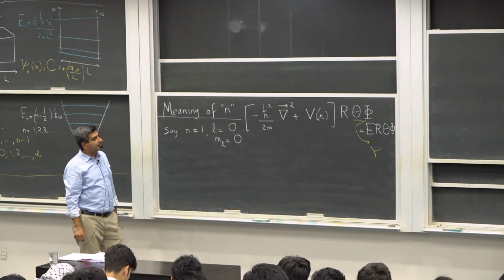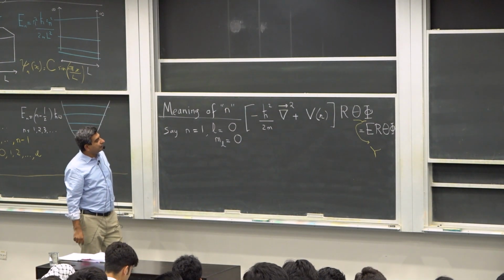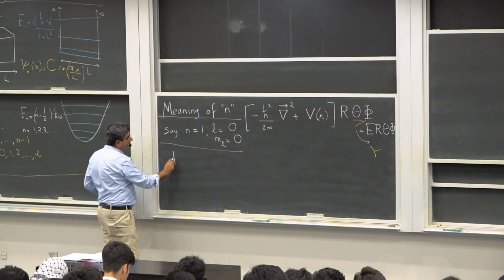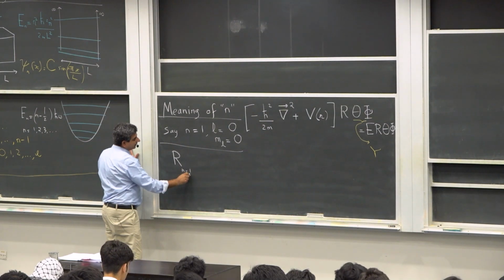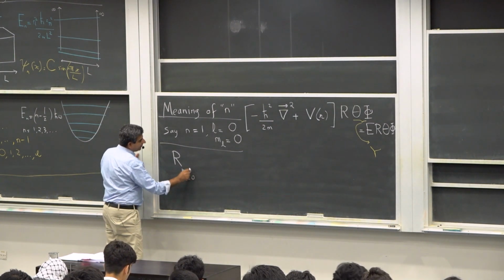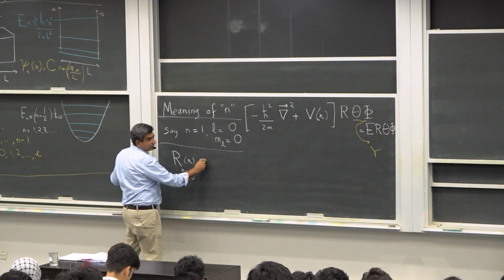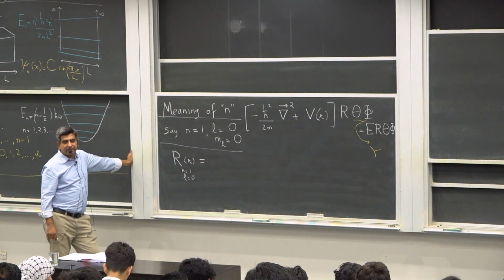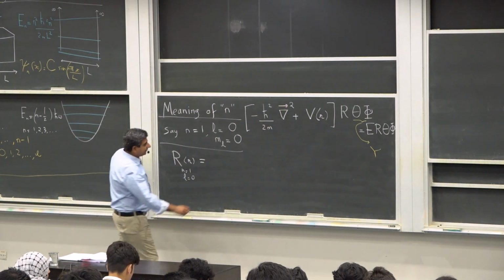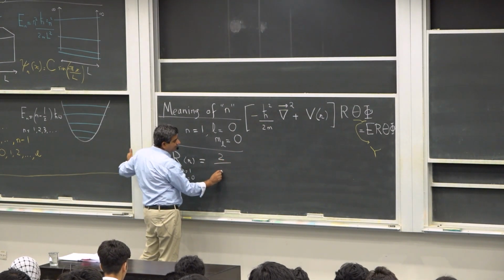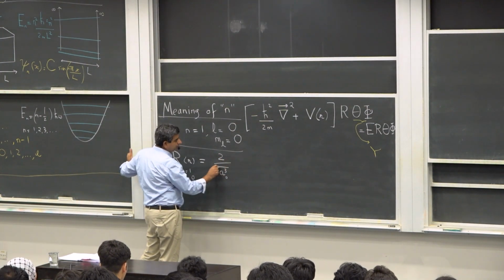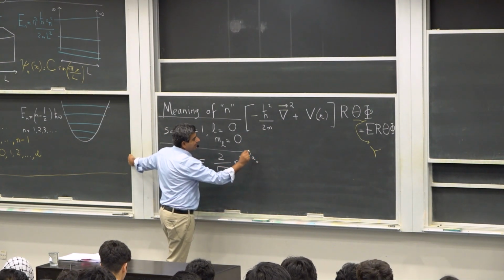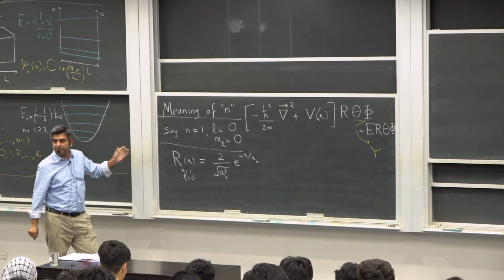All right. Now if I look at the expressions for R, for n equals 1, L equals 0, this is a function of r. If you look at the table that I provided to you, does anyone have that table in front of them? This is 2 over a naught cubed, e to the minus r over a naught. Correct?